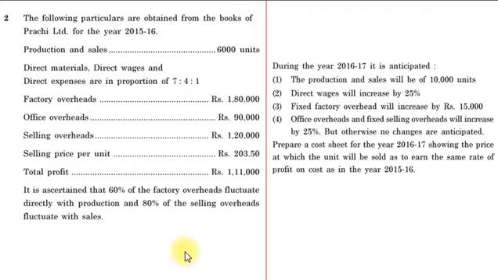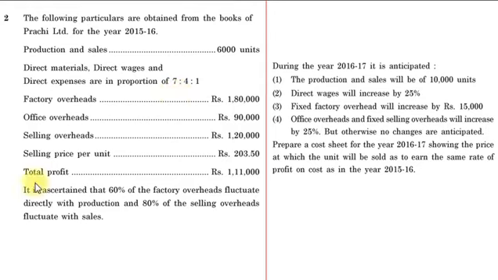First, let us understand the question. Here we are given production and sales of 6,000 units in the year 2015-16. Factory overhead, office overhead, selling overhead, all overheads are available, but direct material, direct wages and direct expenses information is missing, but they are in the proportion of 7:4:1.